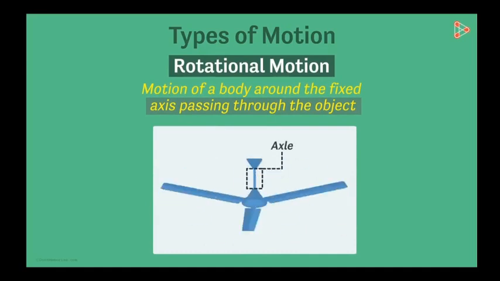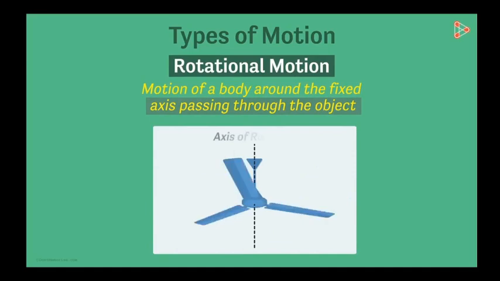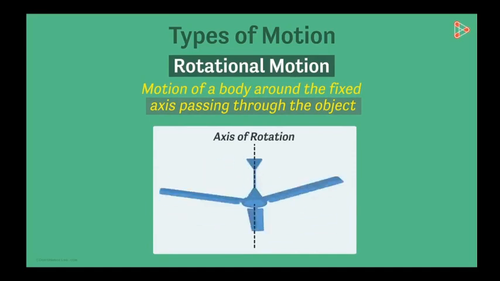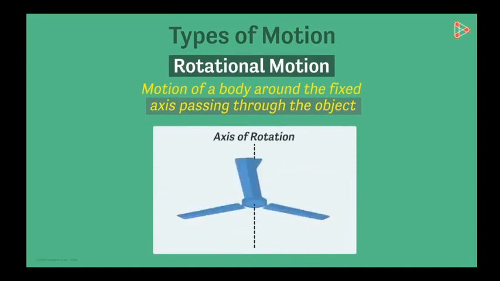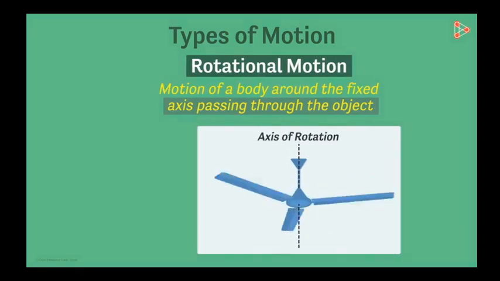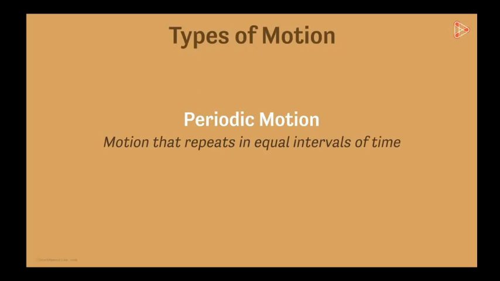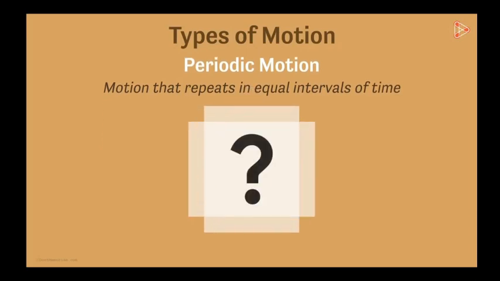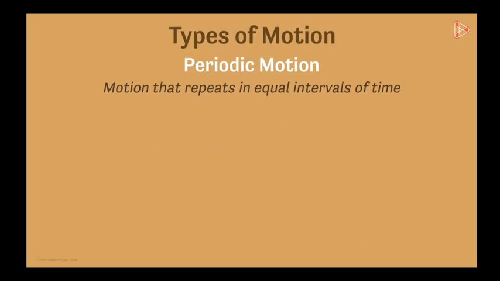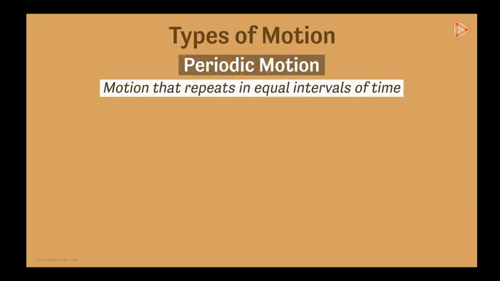If I draw a hypothetical line called the axis of rotation, then it's passing through the fan. And the final type of motion is a periodic motion, which is the motion that repeats itself in equal intervals of time. Can you think of any example of this type of motion? Any object repeating its motion in equal intervals of time will be undergoing periodic motion.